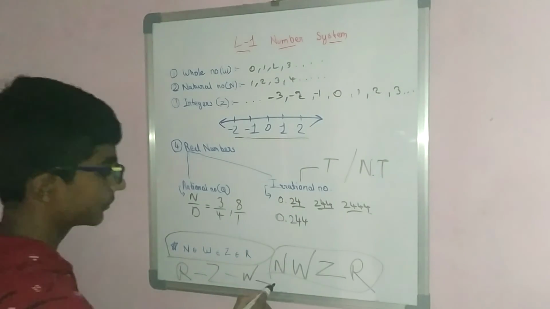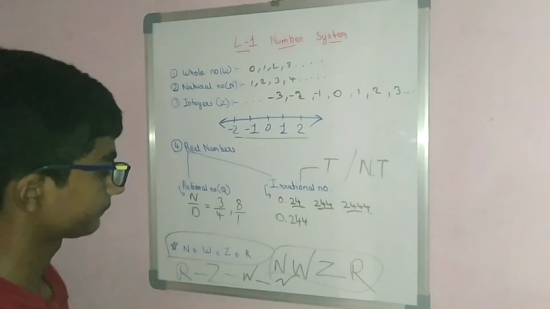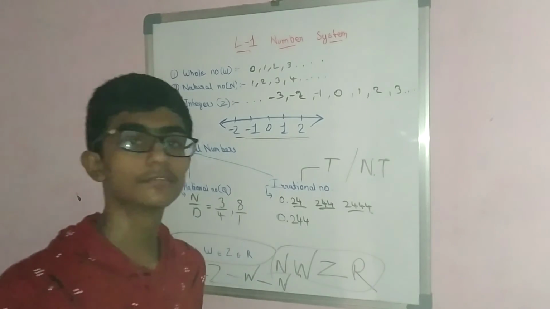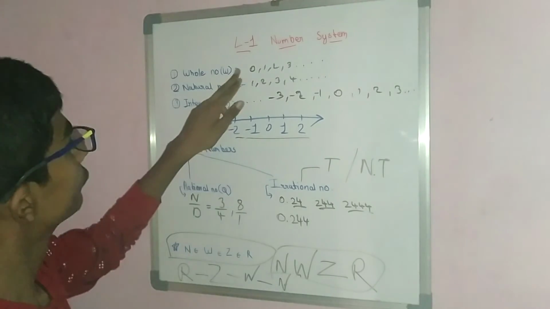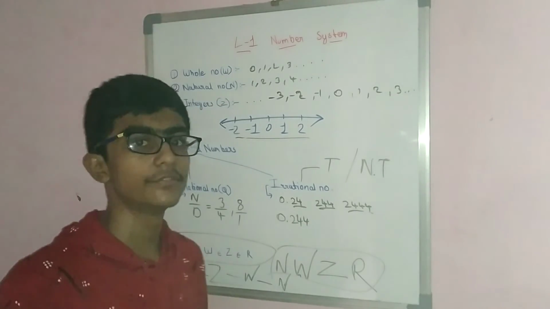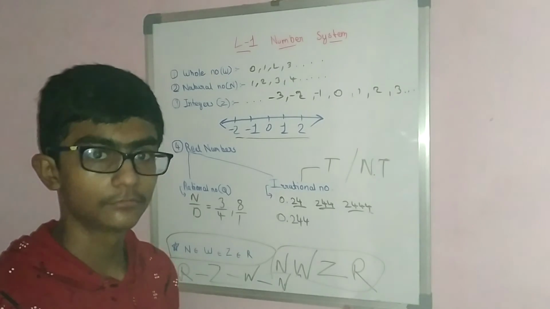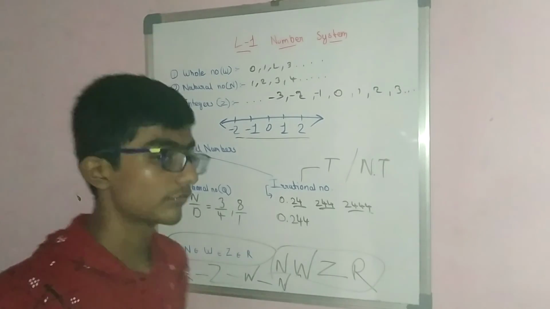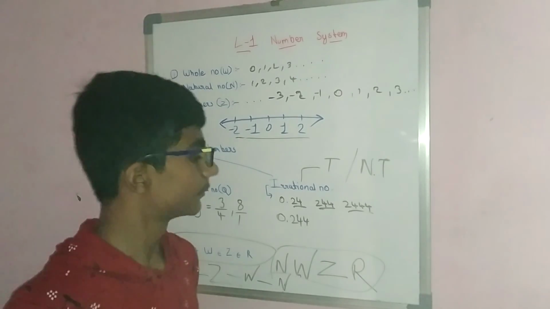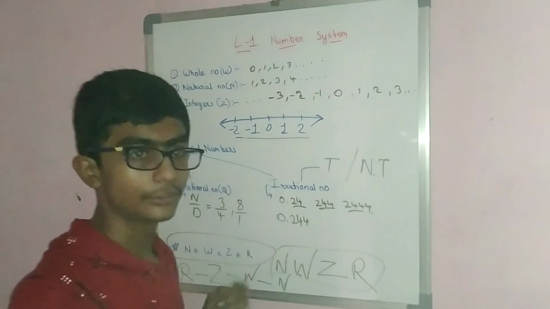And we also cannot say all whole numbers are natural numbers, because 0 is a whole number, and in natural numbers 0 is not coming. So we cannot do vice versa of this. I hope you have understood this. Now I'm going to take some questions of exercise 1.1 so you can clearly understand this topic.